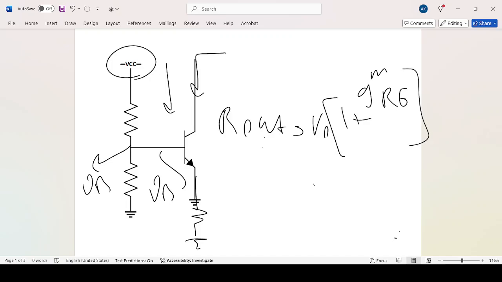Yeah, we can define it like this. And if I'm not sure if I'm correct, but it will be something like this. It's like this, okay.